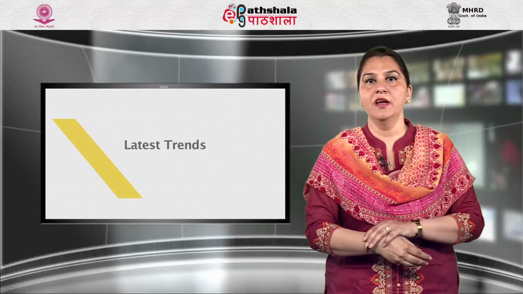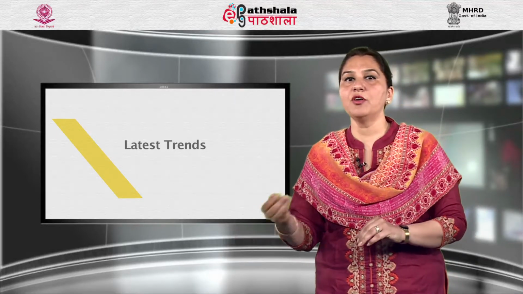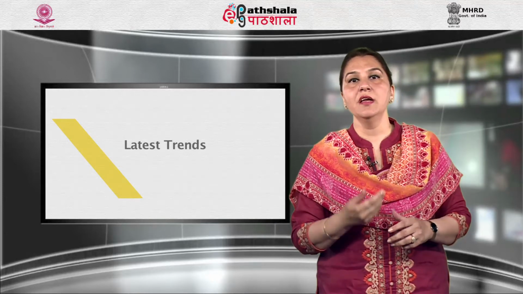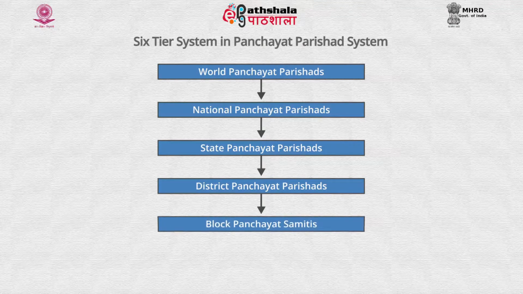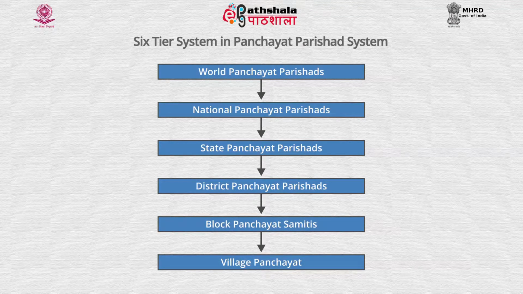This, coupled with the dream of World Panchayat Parishad by Shri S.K. De, makes the system a 6-tier one, consisting of village panchayat, block panchayat samitis, district panchayat parishad, State Panchayat Parishad, National Panchayat Parishad and World Panchayat Parishad.